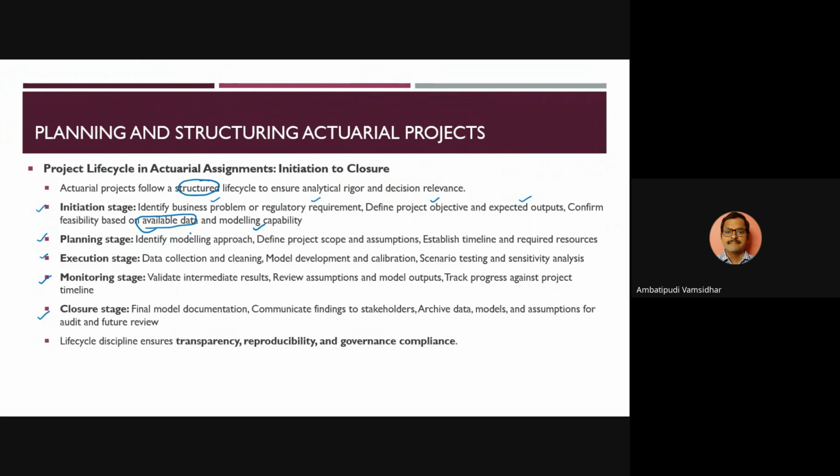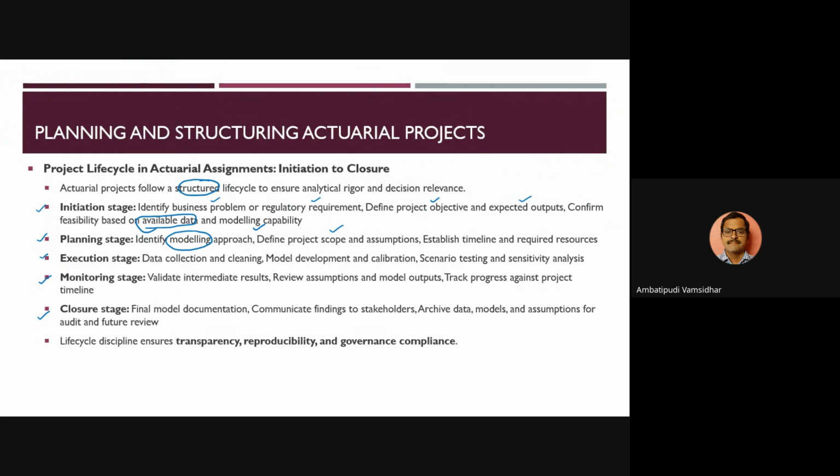And in the planning phase, you clearly think through what kind of models that you should use as a part of this project. More detailedly go into the scoping of the project, what is included, what is excluded, what are the assumptions that you would be going ahead with this particular project, and based on that you also plan the timelines, the resources.